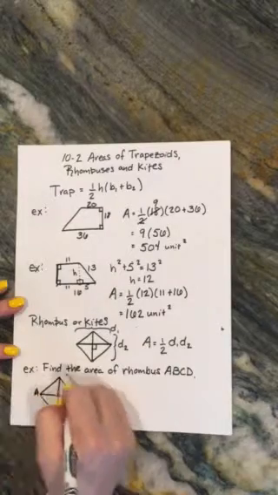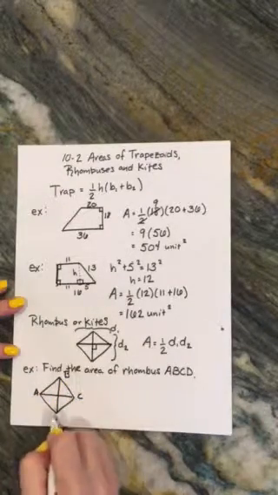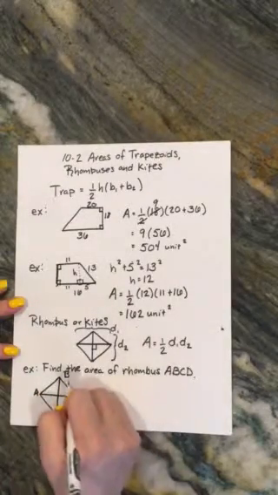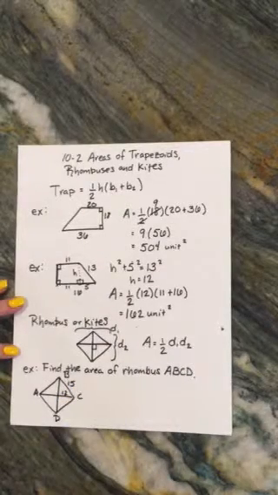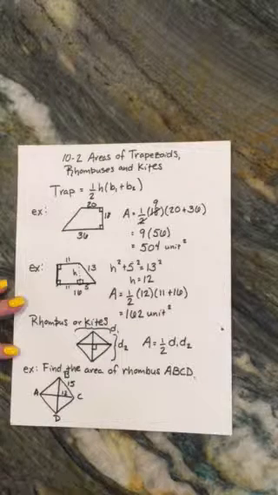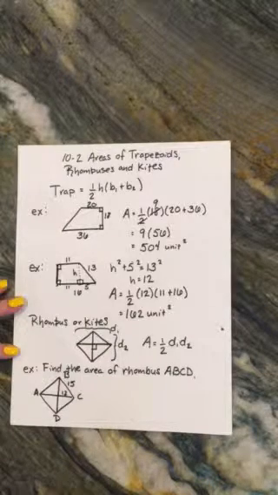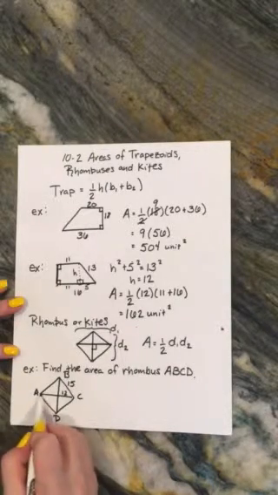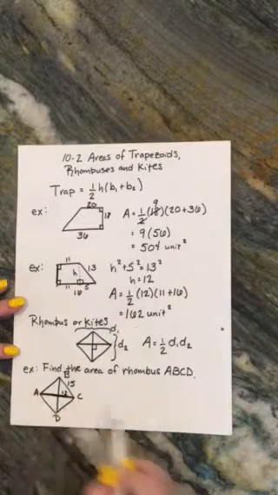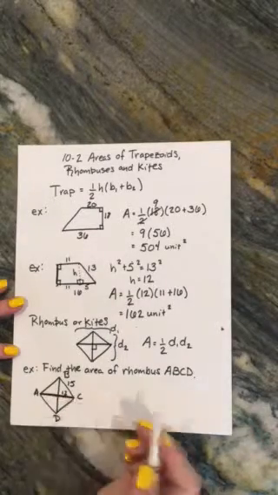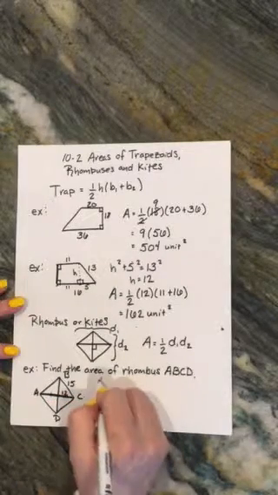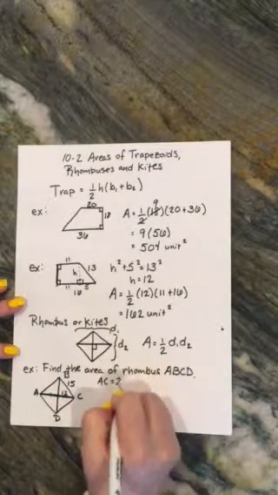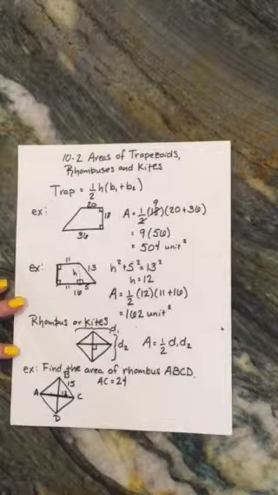And we'll say this is A, B, C, D. This side is 15, and this piece is 12. Well, do we know the diagonals? I think we can figure out one diagonal, this guy here, because diagonals in a rhombus get bisected. So AC is equal to 24.